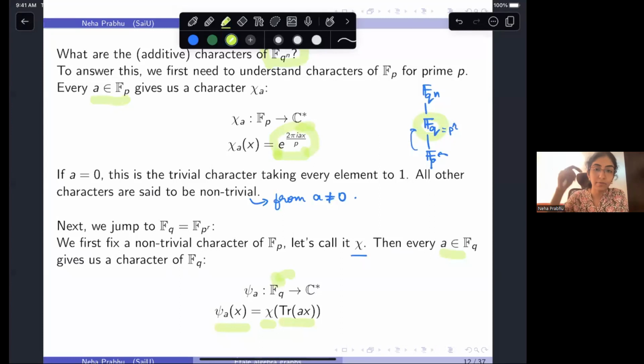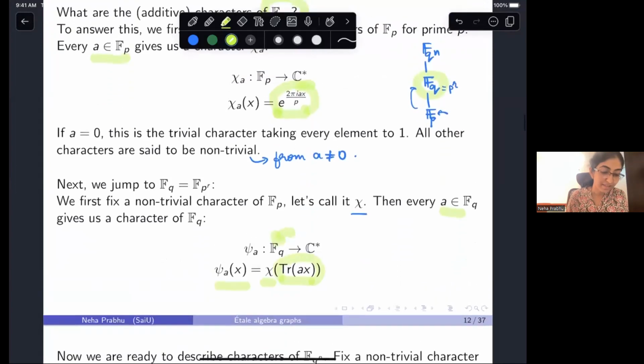So we need a way to go back down, and that's why you should expect something like the trace to come into the picture. That's why the trace of ax is coming, because ax itself won't be something that you can take the exponential of and find that it lands in C cross.